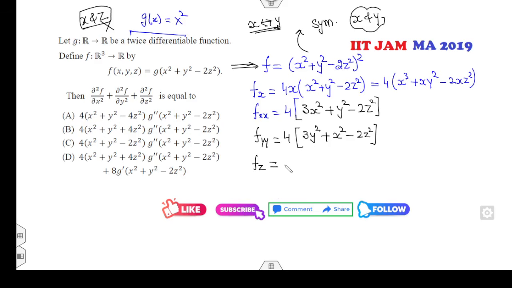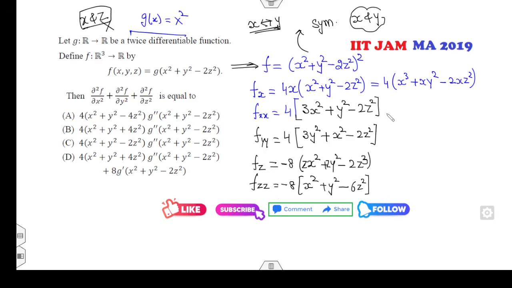First time we differentiate, it's 2 into x square plus y square minus 2z square, and 2z square का दोबारा करेंगे minus 4z. Fine. So it's a minus of 8z. So I can multiply z inside. Fine. Then z into z is minus 8 x square plus y square minus 6 z square.